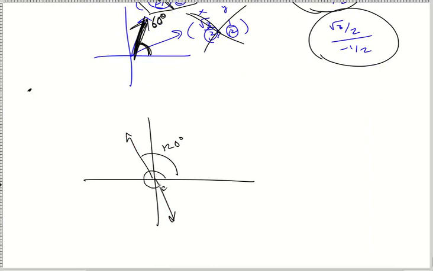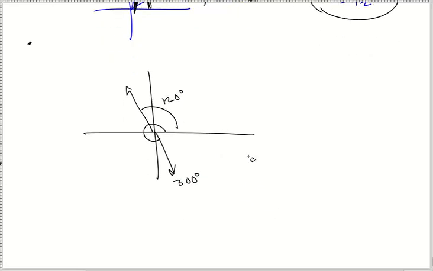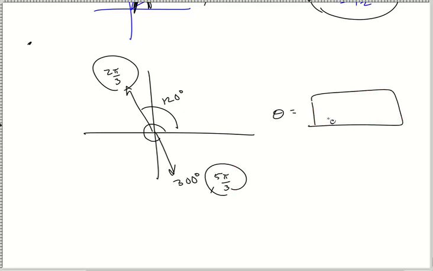If you go all the way around, this is at 300. Those are my 2 answers. Either one could work. In radian mode, this right here is 2 pi over 3, and this here is the 5 pi over 3. Those are my answers.